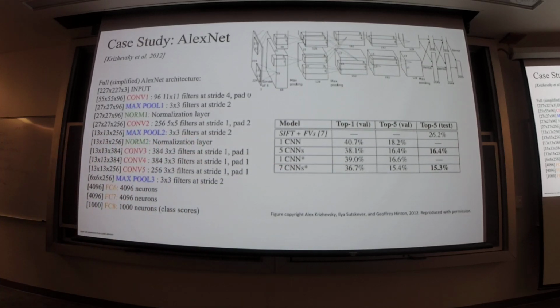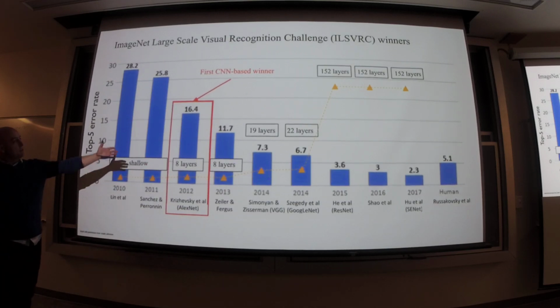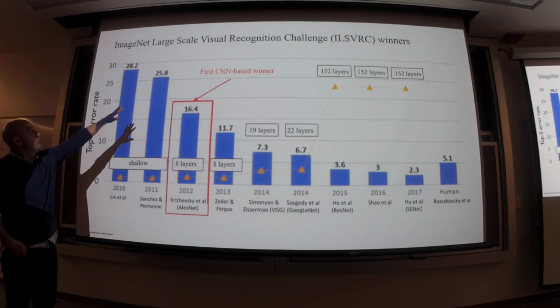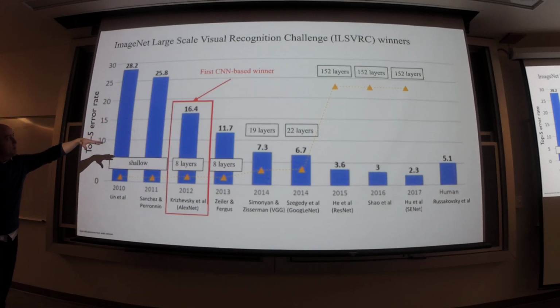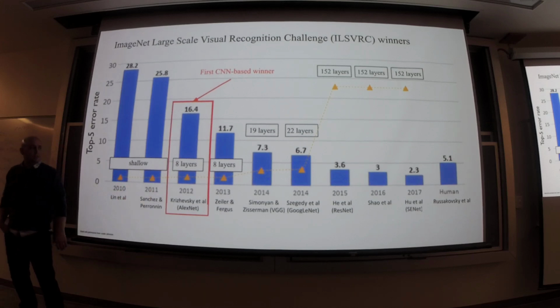But the entry they made for that year, 2012, was at the 16.4% error rate level, and that won them the competition. And you can see that's a major improvement over the last year. It's about 9 points of error, a huge step forward from where this was previously.